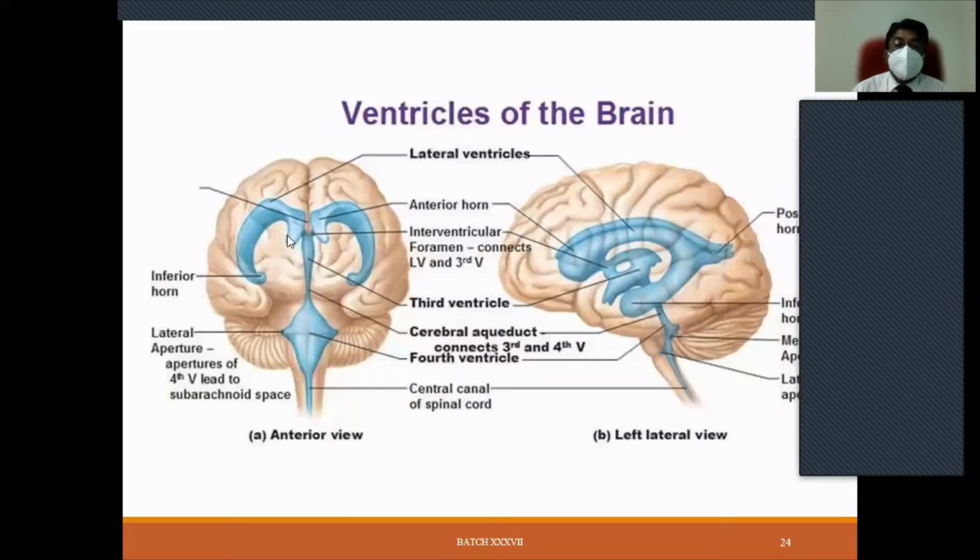These two are the lateral ventricles, and the lateral ventricle has a specific shape. This is the anterior-posterior view, with the anterior end and the posterior side. Here you can see that this structure is the lateral ventricle.